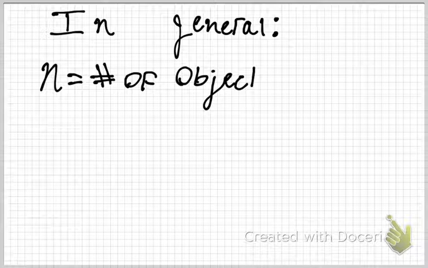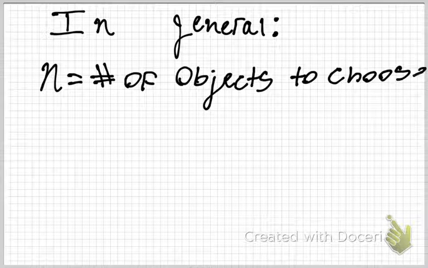More realistically, it may be people you're trying to count, the different ways that you can arrange them at a table or something like that. But whatever the case, we don't want a specific example. We want to be able to generalize this. So that's what we'll do.